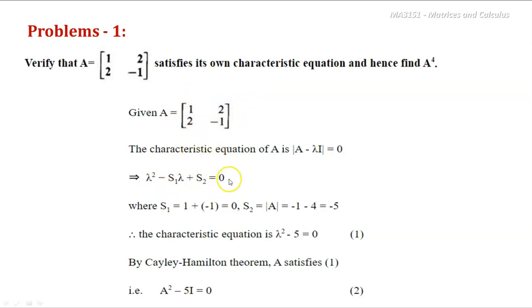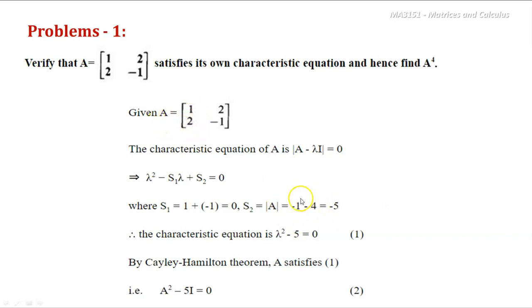It can be simply written as lambda square minus S1 lambda plus S2 equal to 0, where S1 equals the sum of the diagonal elements. The diagonal elements are 1 and minus 1. You have to add them, then you will get 0. S2 is the determinant of A. Determinant of A can be found by using the general formula.